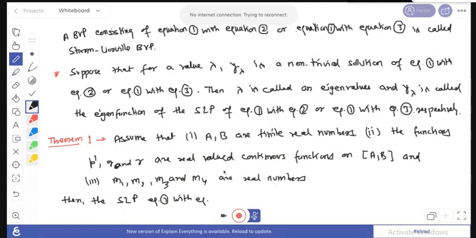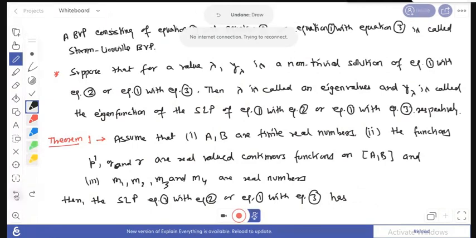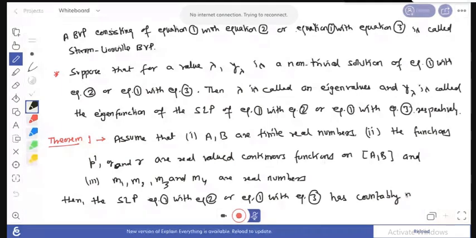So this equation 1 with equation 2, or equation 1 with equation 3, if this condition holds, then it has countably many eigenvalues.